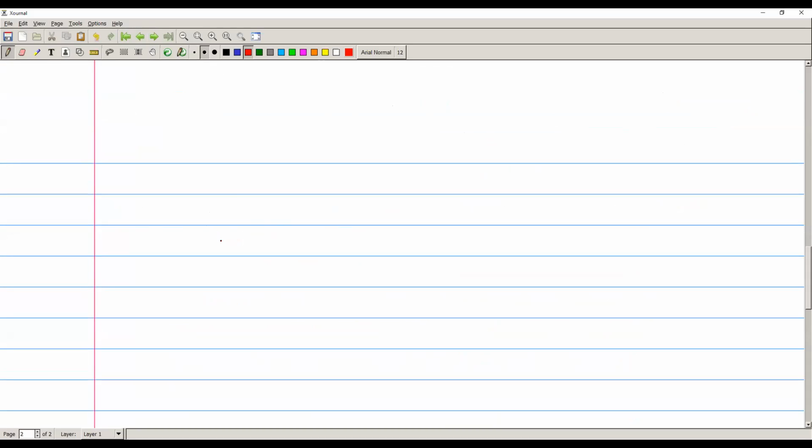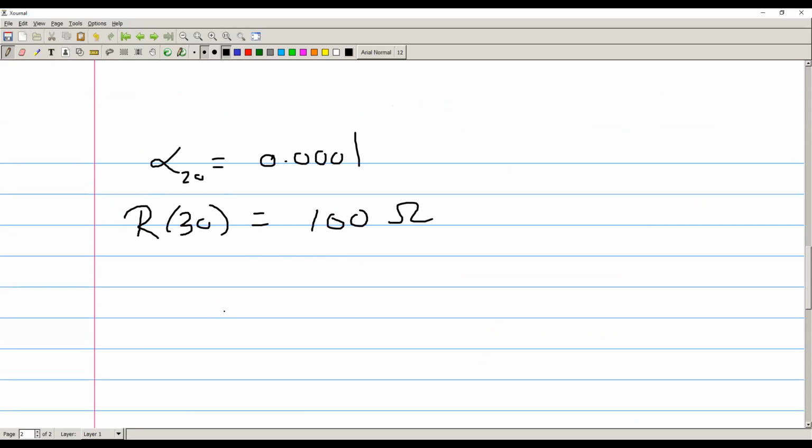If you're given alpha 20, say, for example, 0.0001, for a certain resistance, and you're given R at 30 degrees is equal to 100 ohms, and you want to get R at 50 degrees, how can you do that?